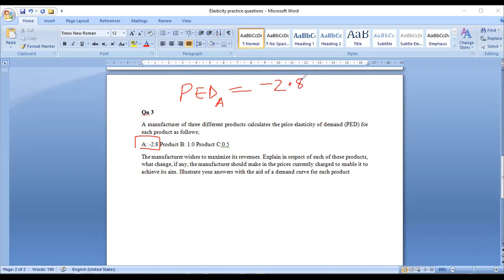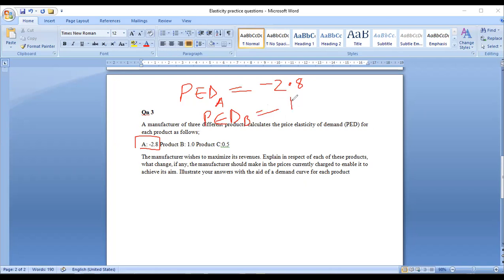Then the other one, product B, price elasticity of demand gives us 1. We calculated and got 1.